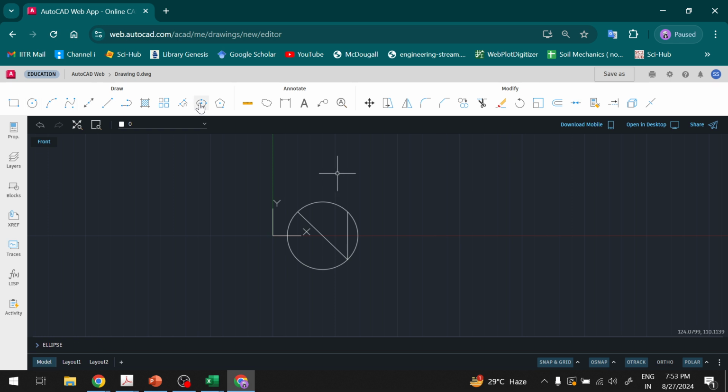How do I insert a point, and okay, having some issue. This will be the pole.